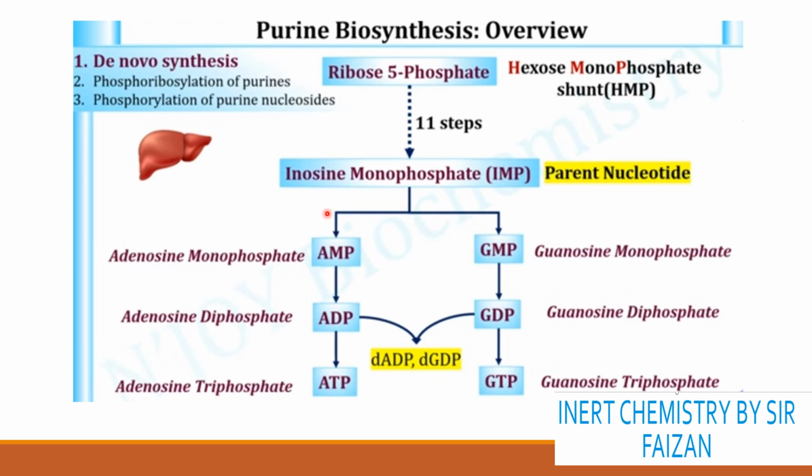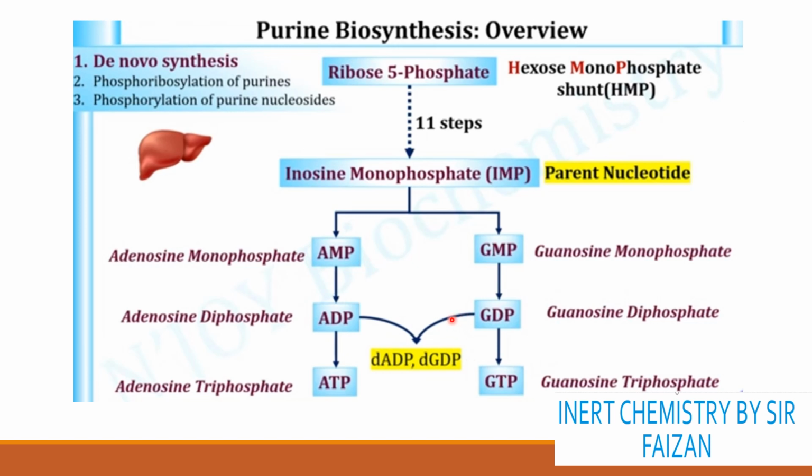The further different types of nucleotides like AMP, ADP, ATP are formed by different reactions from IMP. All these AMP, ADP, ATP, GMP, GDP and GTP are ribonucleotides.